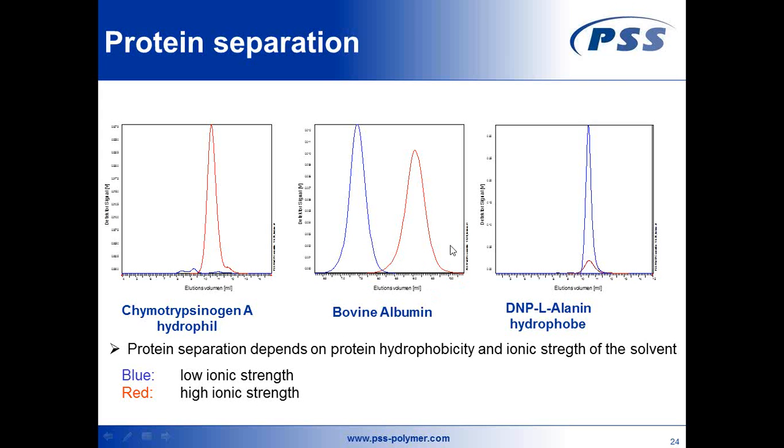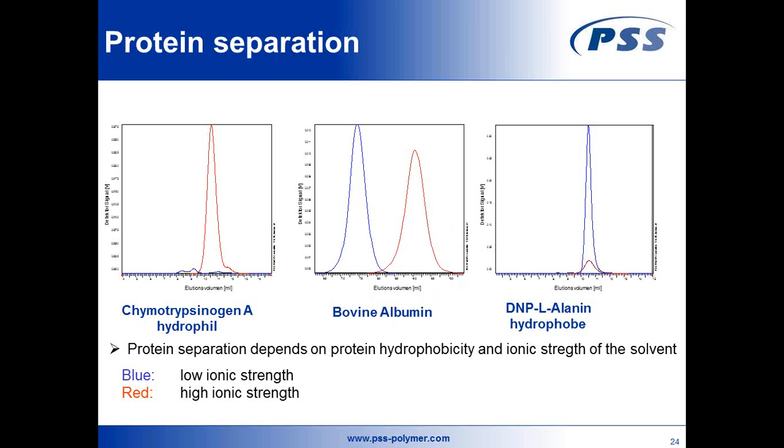There are also proteins like the bovine albumin, as the one here in the middle. This one is neither highly hydrophobic nor highly hydrophilic. So there are certain types of proteins which can be measured under low and high ionic strength, and in both cases it gives nice results.